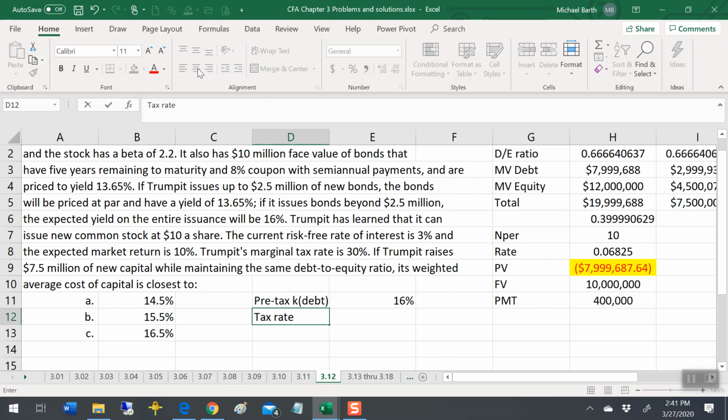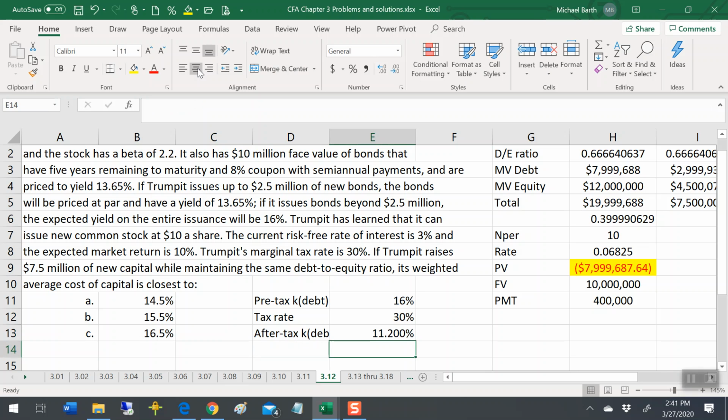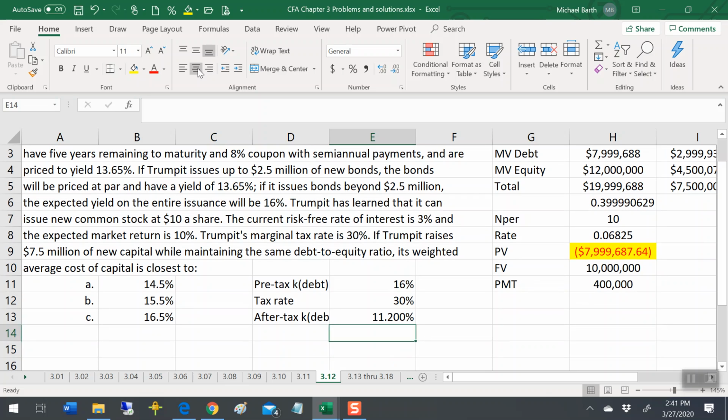The tax rate given in the problem is 30%. So the after-tax cost of debt would be the pre-tax cost times 1 minus the tax rate, 11.2%. All right, I'll need that number again.